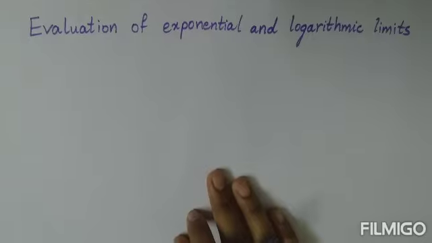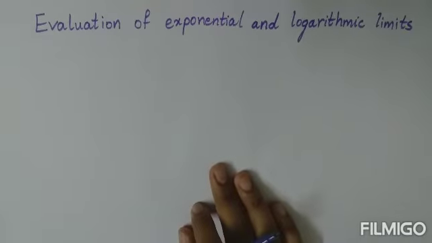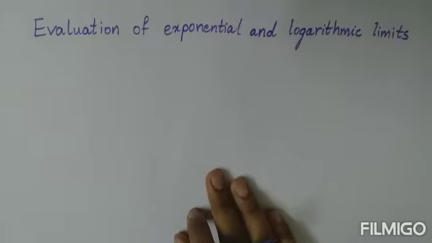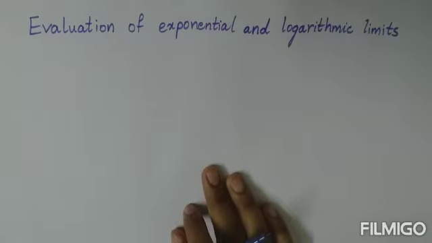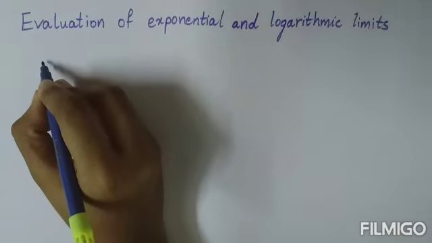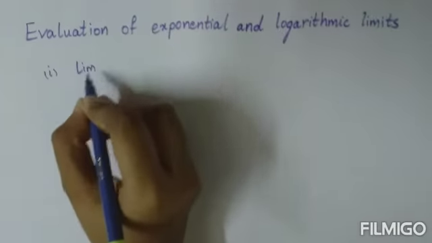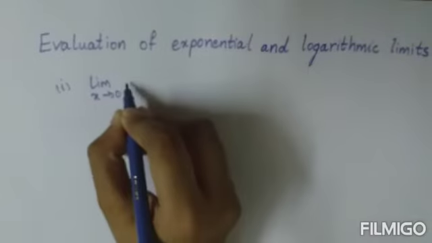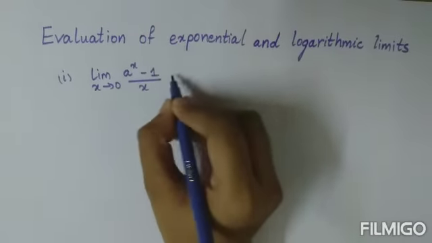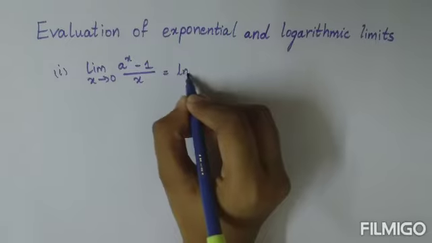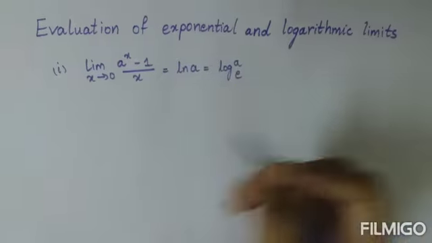Hello everyone. In this video, we are going to learn about the evaluation of exponential and logarithmic limits. In order to evaluate such limits, we have to remember some things. That is, limit x tends to 0, a power x minus 1 by x is equal to ln a, that is log a to the base e.